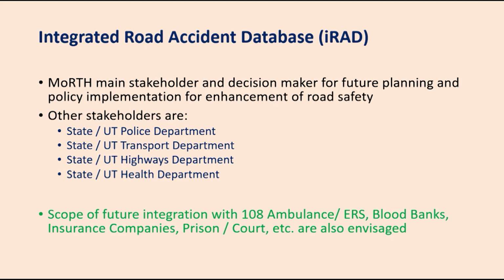Currently it is not there. Then even blood banks, insurance companies, all other legal entities, everywhere they will get linked. So whenever even a court wants some information, they can pull it from IRAD. Subsequently all this will get linked.